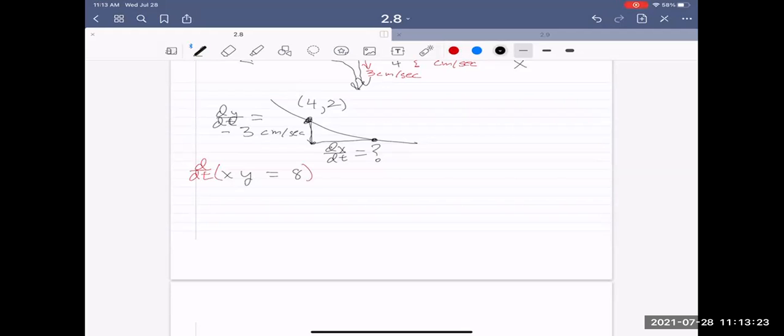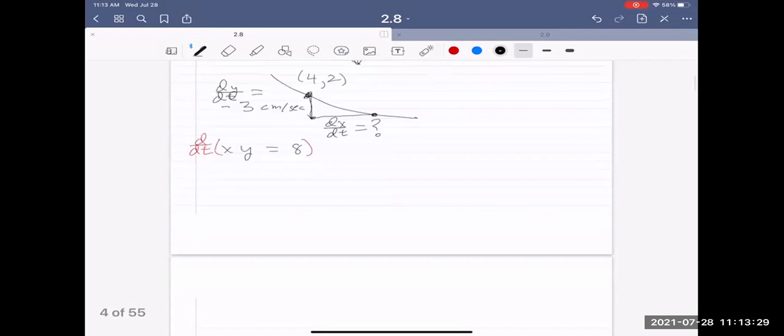And so I have, well, in order to differentiate this, I'm going to have to use the product rule.